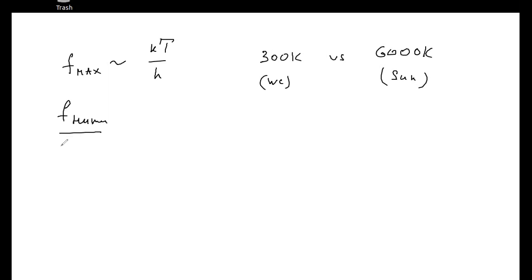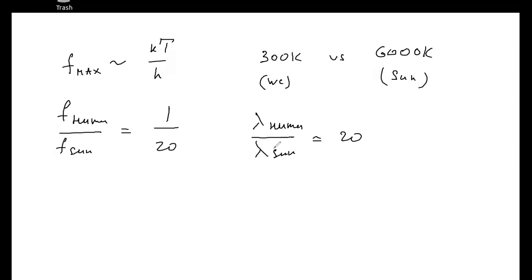You have human, you have sun. The only difference is the temperature, yes? It will be 1 over 20. So then the wavelengths we emit will be 20 times longer than emitted by the sun. So wavelength of human over wavelength of sun is 20.